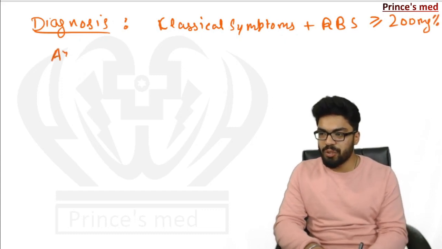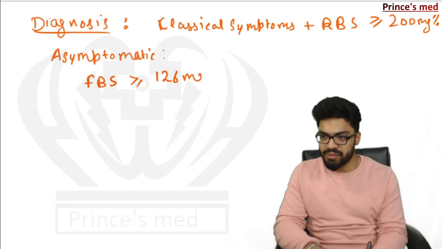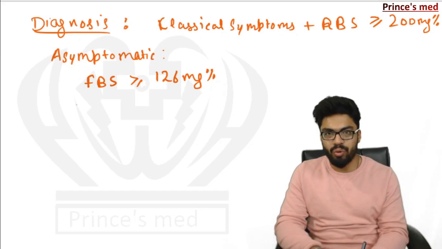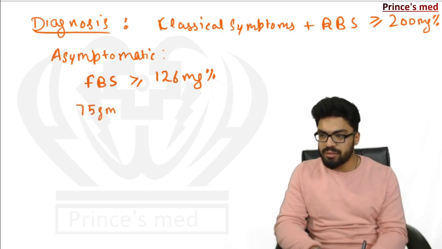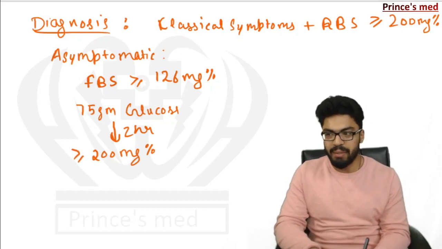In case of asymptomatic, we have fasting blood sugar more than or equal to 126 mg percent, and after giving 75 gram of glucose, we check it after 2 hours, and if the 2-hour value is more than 200 mg percent, then the patient has diabetes.